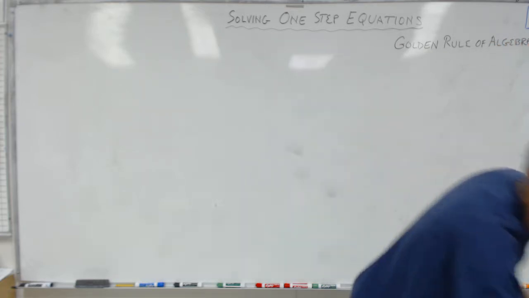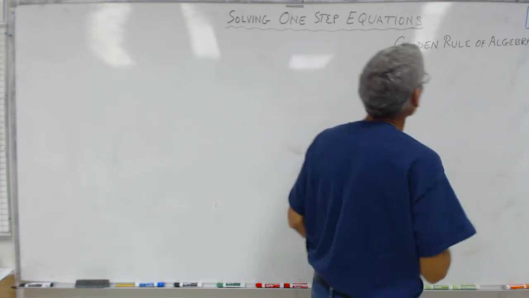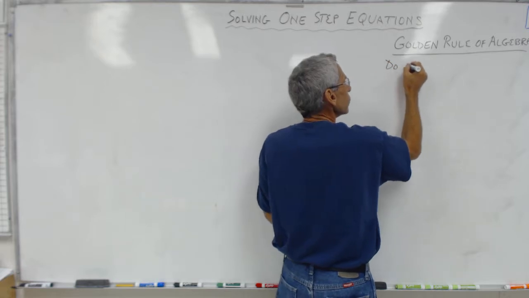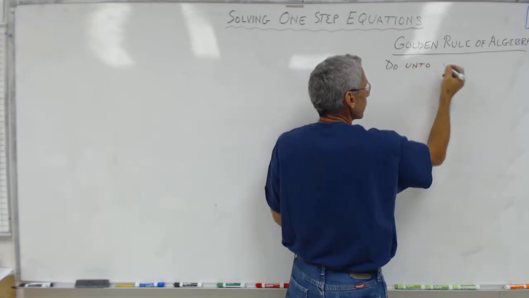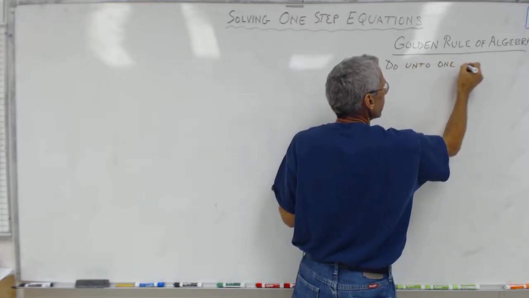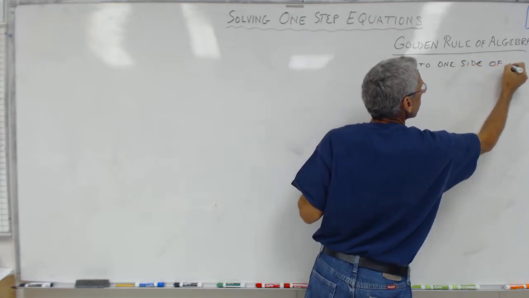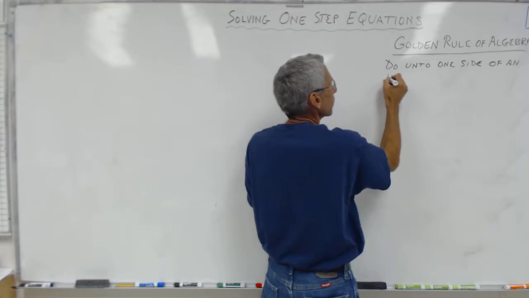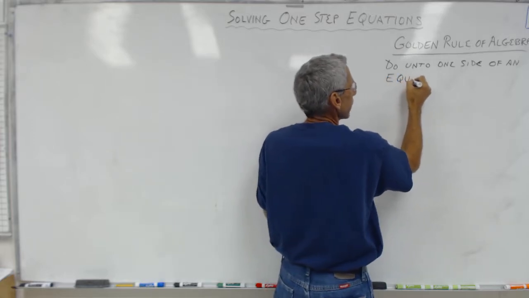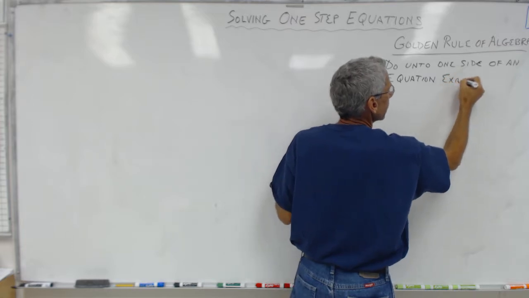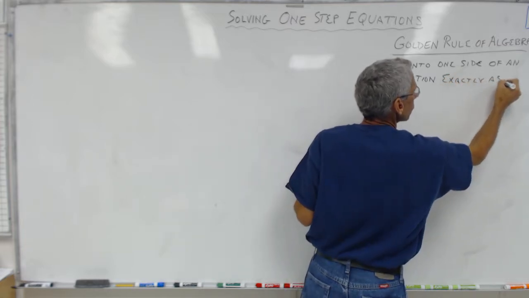Golden rule of algebra. So basically, do unto one side as you would do unto the other. Do unto one side of an equation exactly as you do to the other.